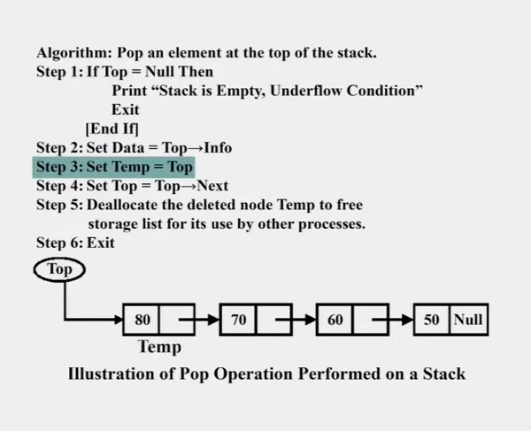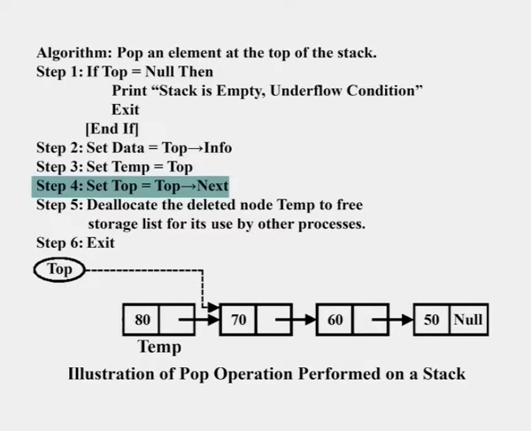In step 3, the address of the first node is stored in a variable temp. This is because at the end, the memory held by this node will be deallocated. In step 4, the stack pointer variable top is set to the address of the second node.